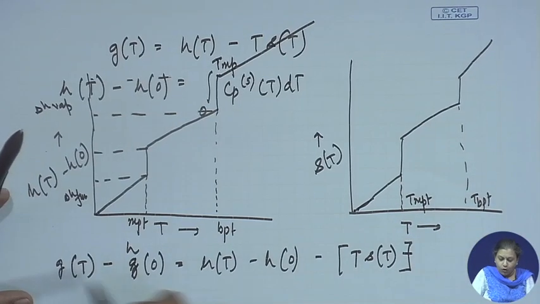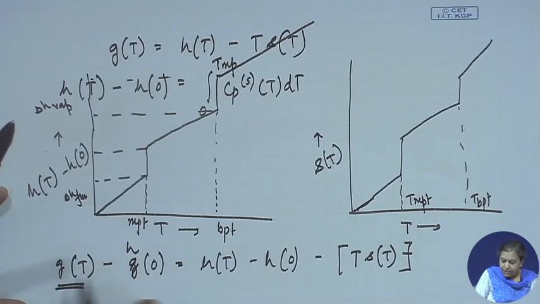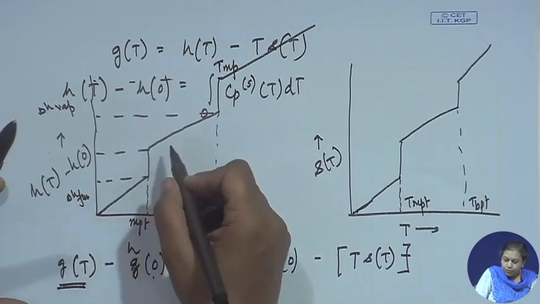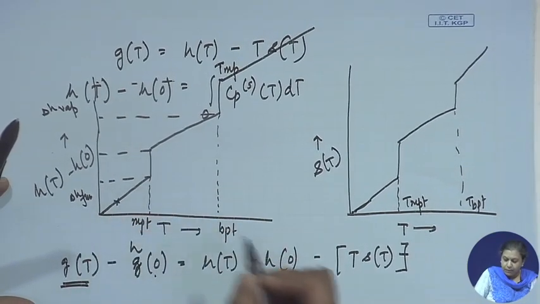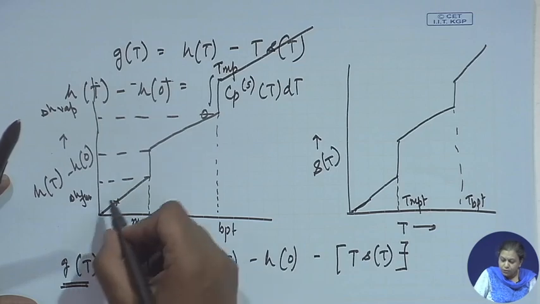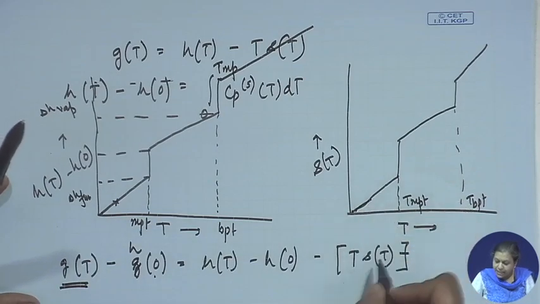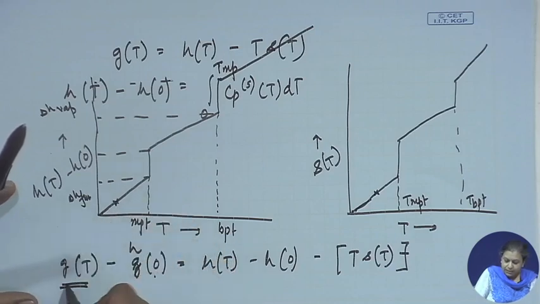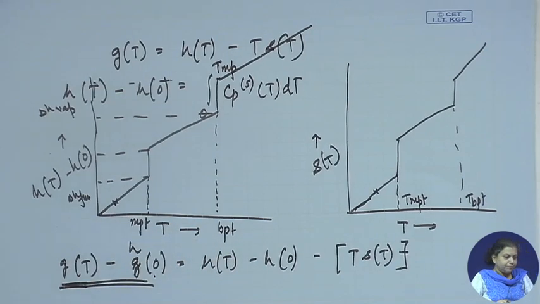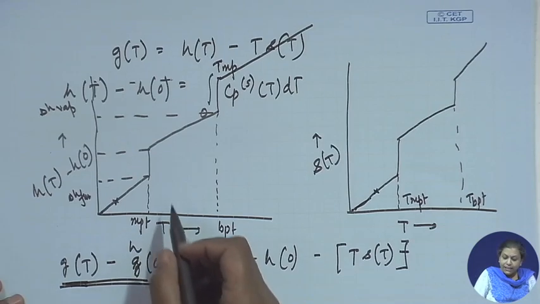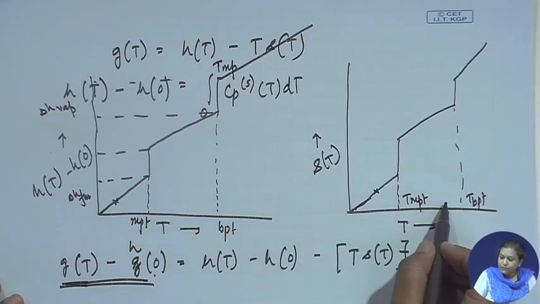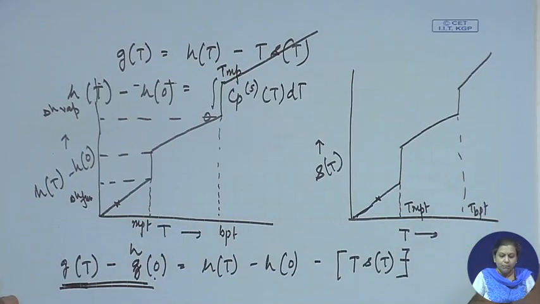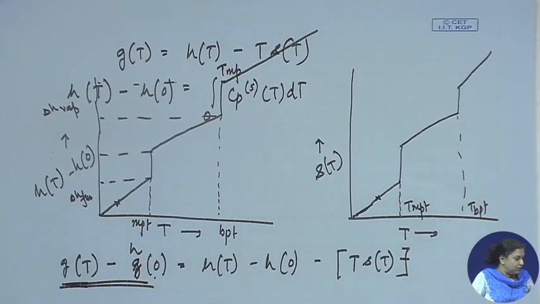Now, in order to obtain G_T minus H_0, what do we need to do? For each particular point, we need to locate the point here, and subtract T S_T from this expression, to get the resultant G_T minus H_0. Now, the enthalpy curve and the entropy curve were more or less similar in nature, with differences only in the magnitude of the quantities.